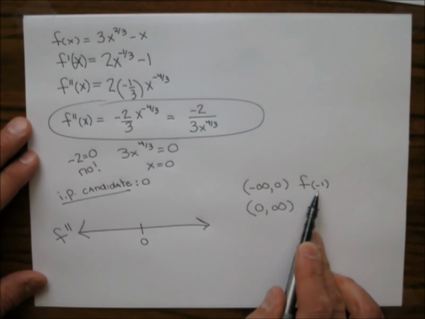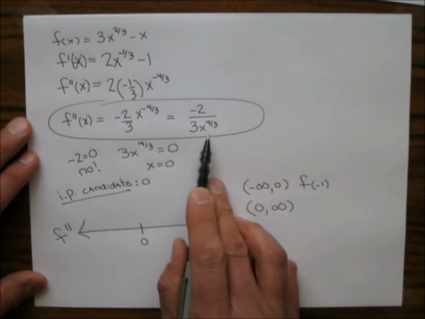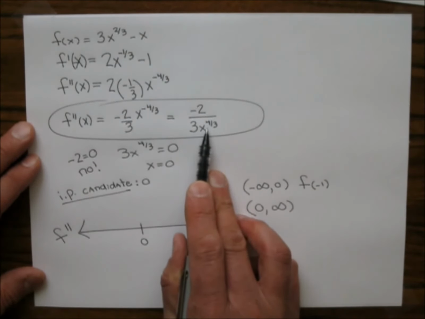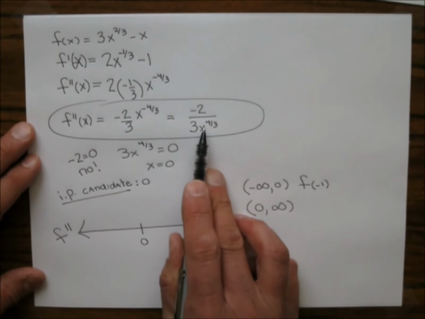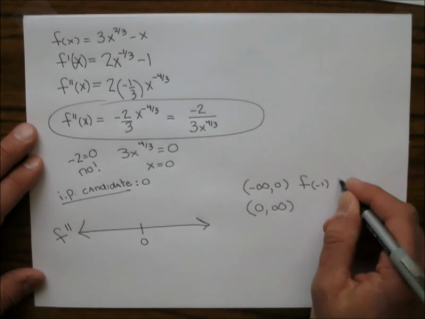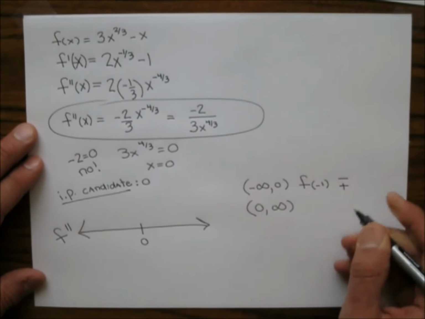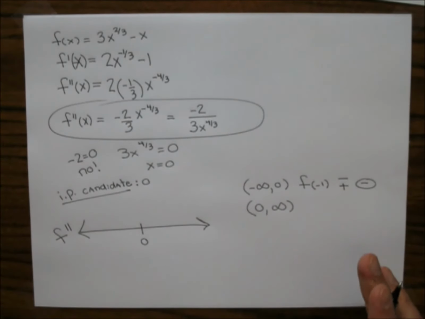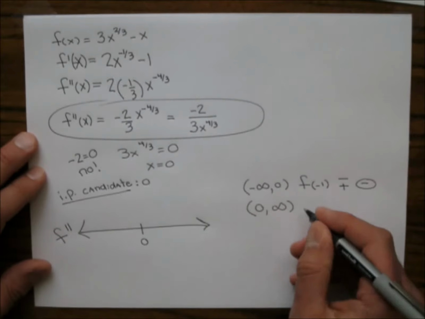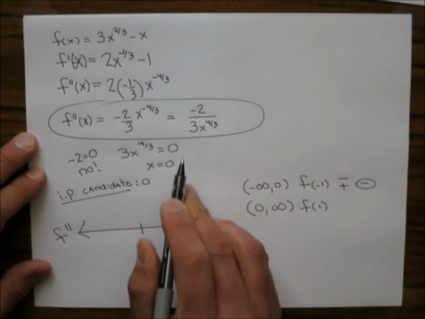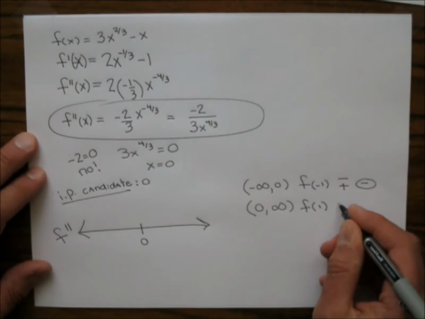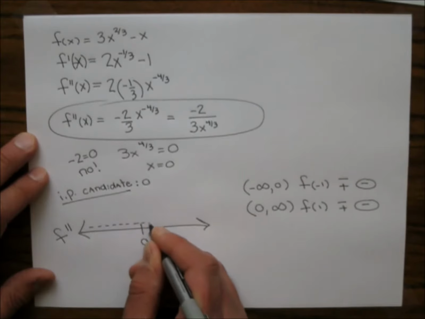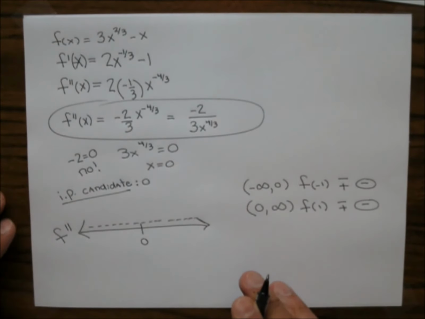If I put negative 1 in, I take the cube root of negative 1, which is negative 1, and then I take it to the 4th power, which is positive. So I'll have negative on the top and positive on the bottom, which gives me a negative number. I'll put 1 into the second derivative, and I have a negative on the top and a positive on the bottom, which gives me a negative. So it looks like the whole number line gets negatives.